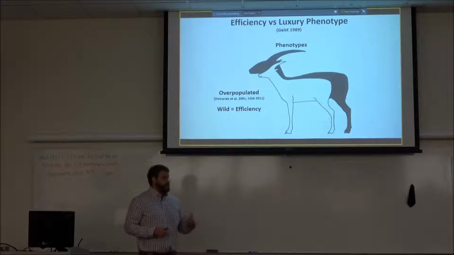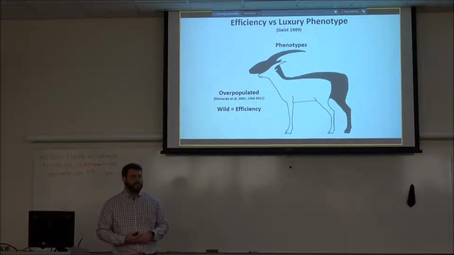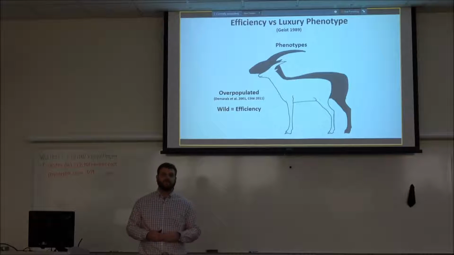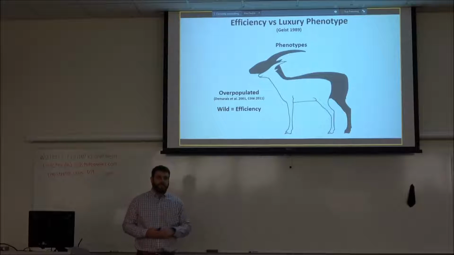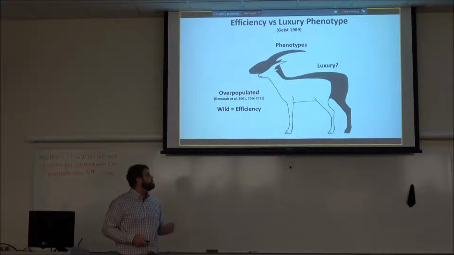So in the wild, we know that generally deer populations are overpopulated, which usually means that their nutritional environment is degraded across time. So pretty safe to assume that in most wild populations, deer are displaying this efficiency phenotype. So the question that we had is, once you improve the nutritional environment, can they switch phenotypes and then display that luxury phenotype?